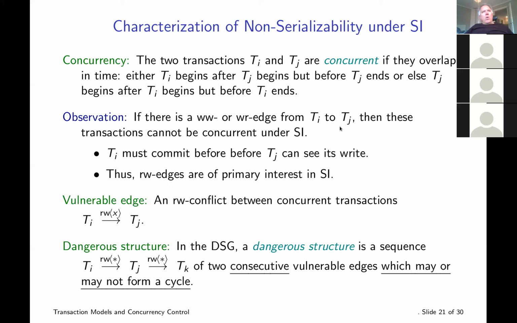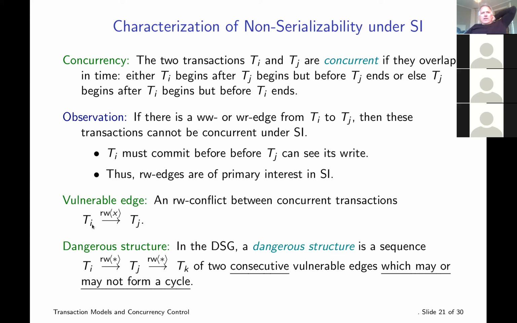Okay, so, characterization of non-serializability under snapshot isolation. A vulnerable edge: two transactions are concurrent if they overlap in time, of course. Observation: the transactions cannot be concurrent otherwise, we already established that. A read-write conflict between concurrent transactions is dangerous, it's a vulnerable edge.